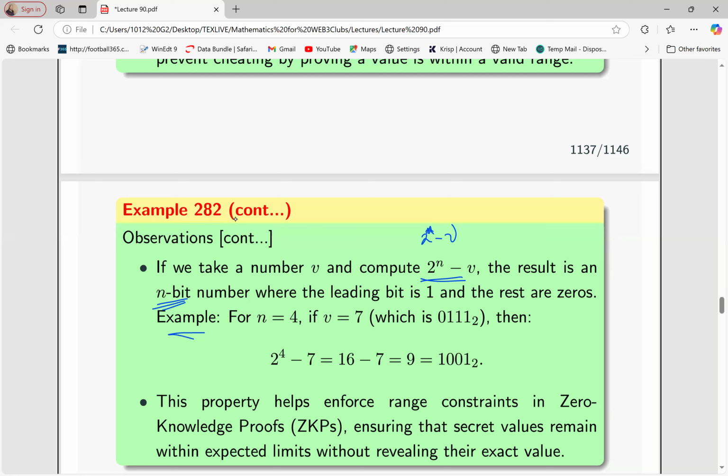Now, this is an example. Supposing n is 4, and he has given us v to be 7. He claims to know v, he has given us v to be 7. What we would do, we would take 2 raised to 4, then minus 7. We want to see what we get. Two raised to 4 minus 7 is 16 minus 7, which is 9. 9 is this.